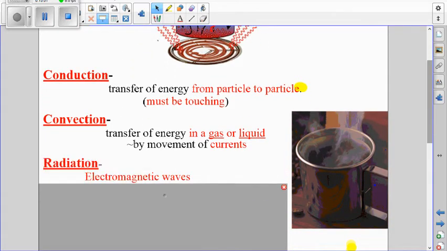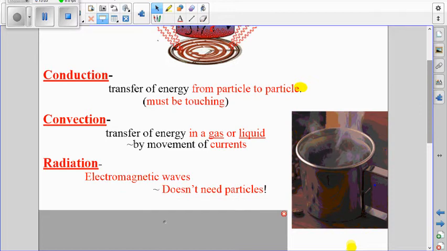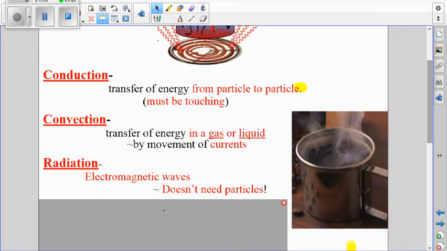Then you also got radiation, and that is where thermal energy is transferring through electromagnetic waves. It doesn't need any particles. This is how energy can be transferred through space, like outer space, not like space, like volume. Like outer space where there aren't really any particles for it to jump. In other words, this is how the sun heats us up.